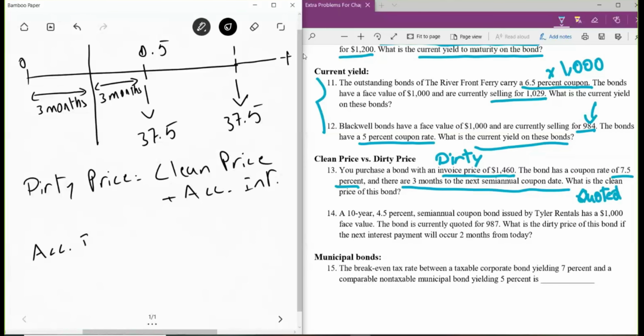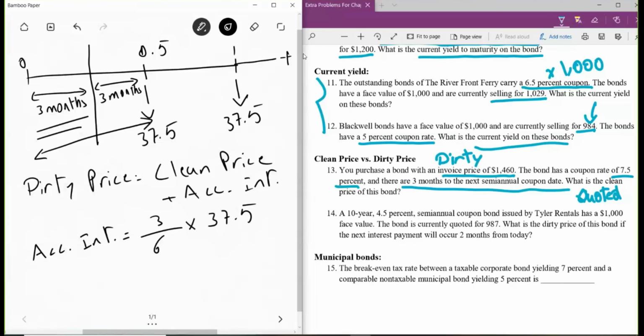The accrued interest equals the following. The number of months that passed since the last coupon payment, so it's 3, over the total number of months between two coupon payments, it's 6, times the semi-annual coupon, 37.5.